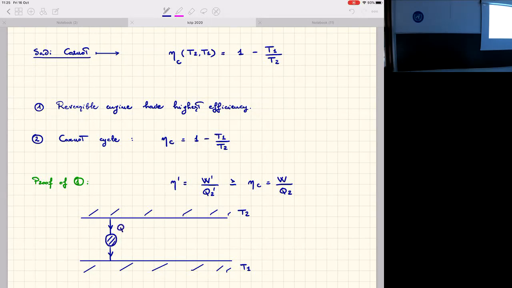So essentially, operate first with the prime engine, the one with higher efficiency, and then use the work W to operate the Carnot engine in reverse. Because the Carnot engine is a reversible engine, I can operate it in reverse and it's going to work. That's nice. So let me do this.